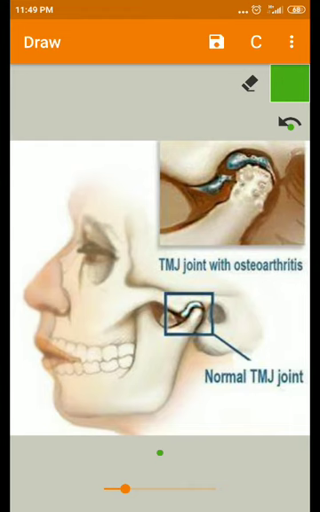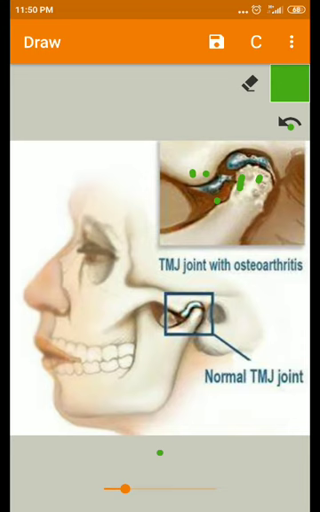Persons with osteoarthritis may limit their opening of mouth to the range available without translation. That means the opening of mouth is up to 11 to 25 millimeters. At that stage only rotation of the condyle is taking place, so no pain is there in the temporomandibular joint.